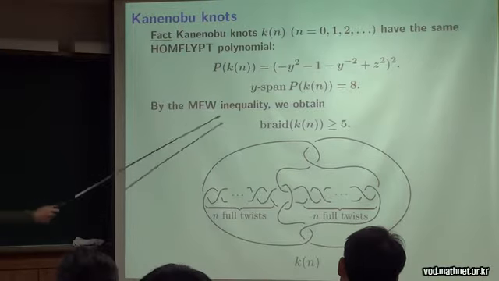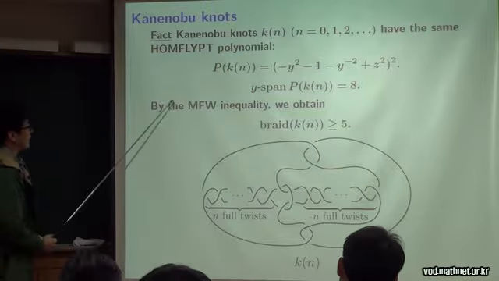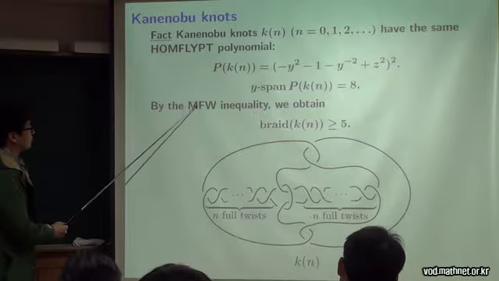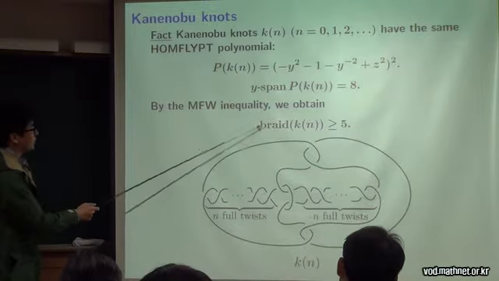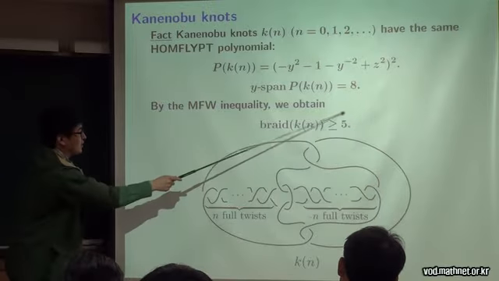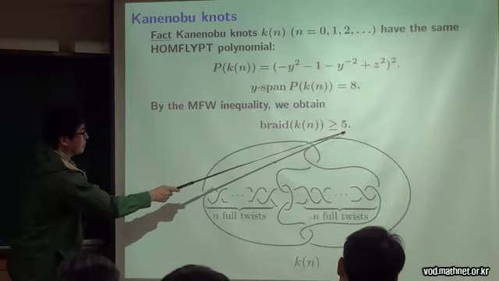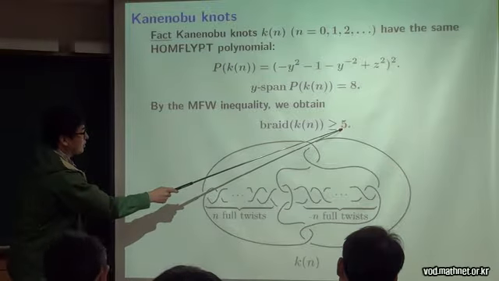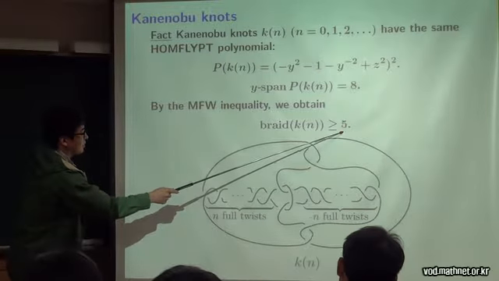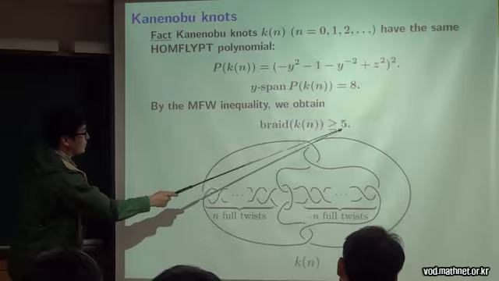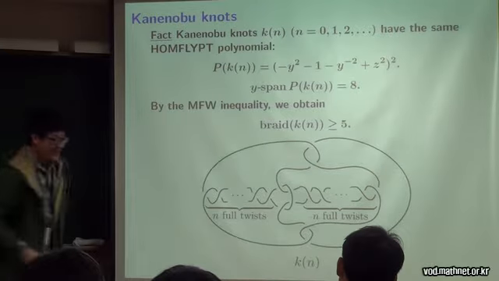So by applying the MFW inequality, we obtain this lower bound of the braid index of the Kanenobu knot. But this is always 5. So this lower bound is not good.